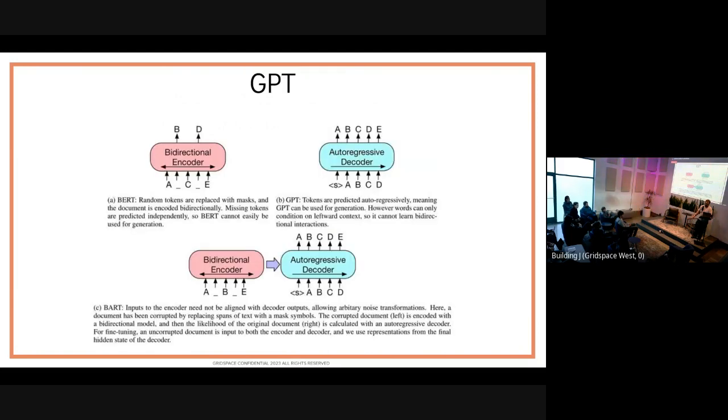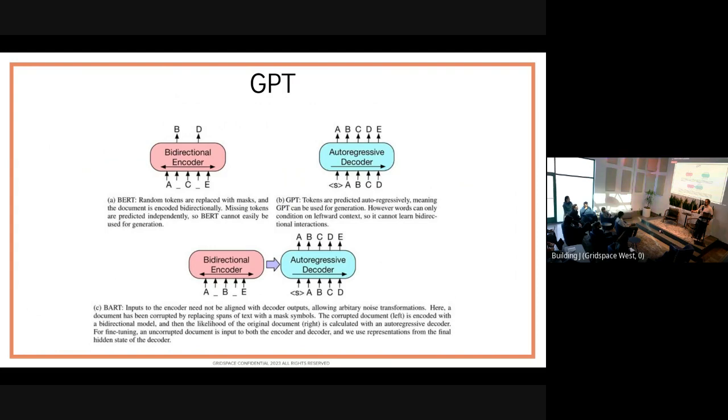GPT is very similar. So this is comparing BERT on the left and GPT here. And GPT is what's called autoregressive, which is again another fancy word for it just keeps adding and adding and adding on the end. So that's all that it means. And GPT has also been scaled up several times.